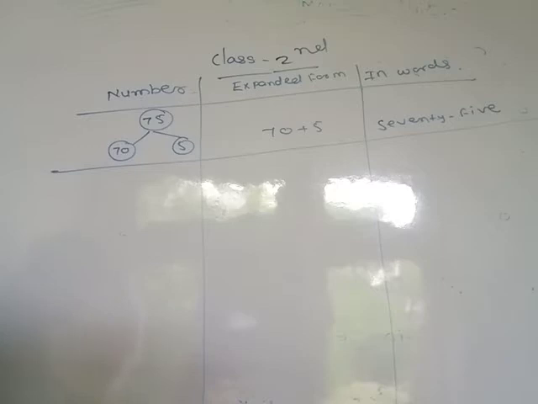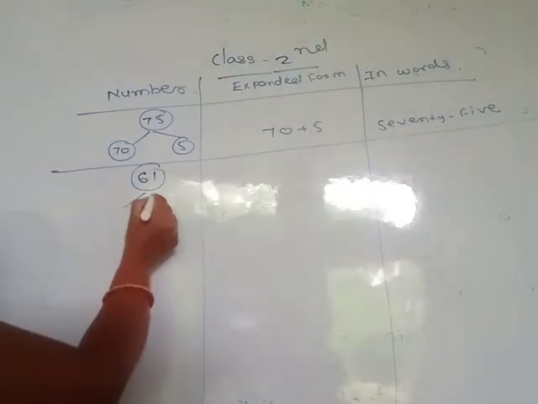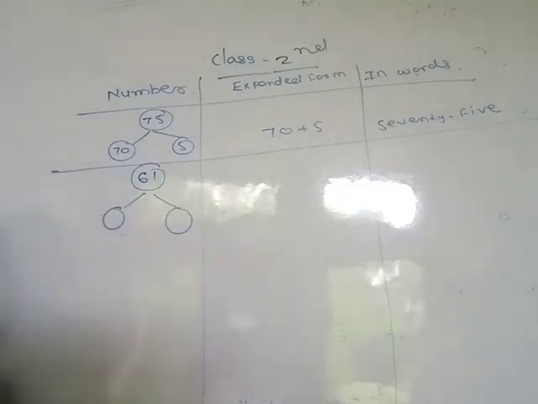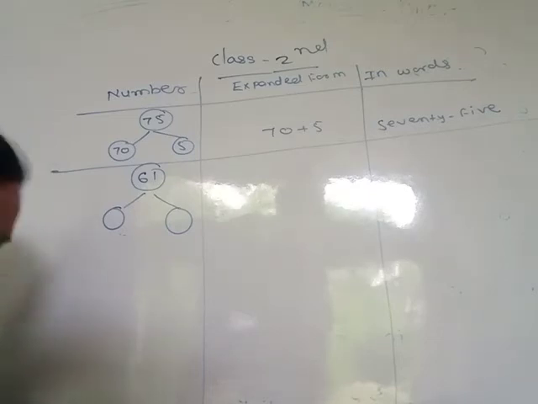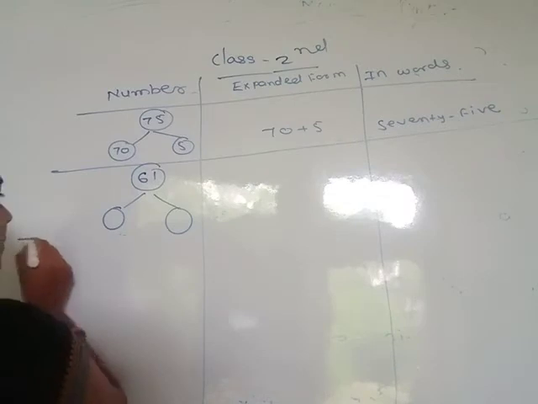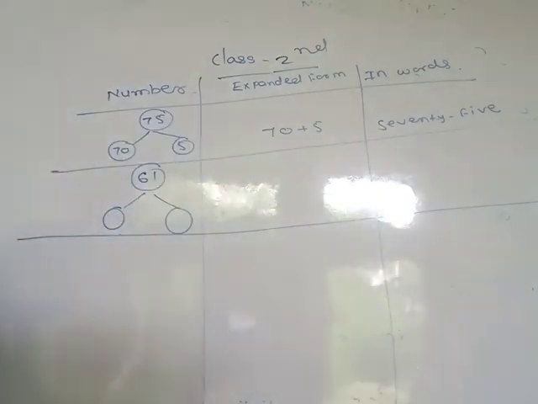Then next number given is 61. Then here you write 60 and here 1. And here write 60 plus 1, and in front write in words 61.